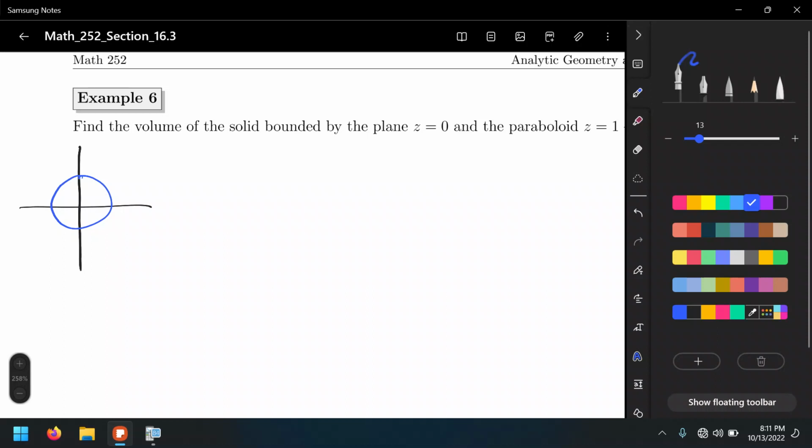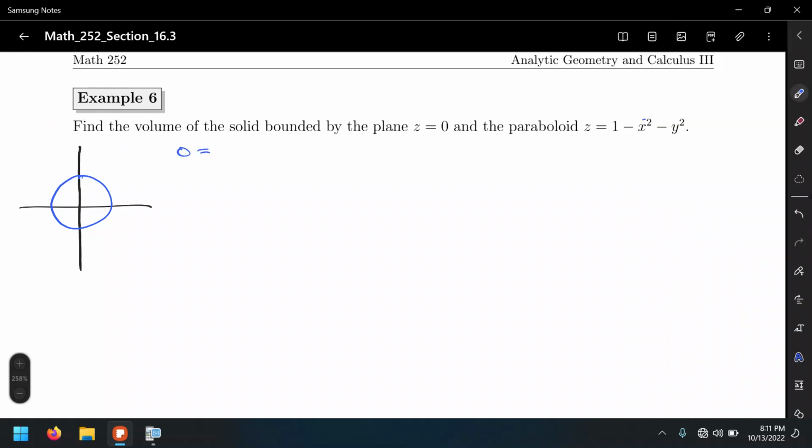So we set z equal to 0 and set it equal to 1 minus x squared minus y squared, with all variables on the left. And that takes us back to the unit circle, which is the projection of the solid in the xy plane. We did it in Desmos first, but now this is the algebraic justification of why this is a unit circle.